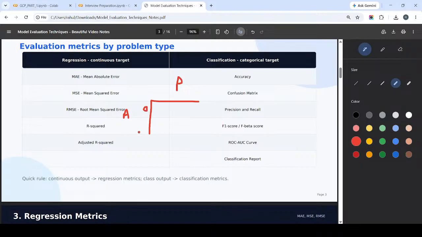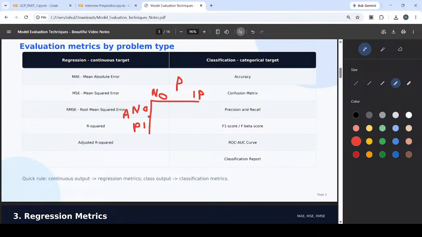Here we have actual 0 and actual 1, and here we have predicted 0 and predicted 1. We can also say that 0 is negative and 1 is positive.